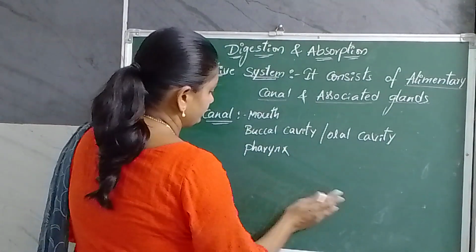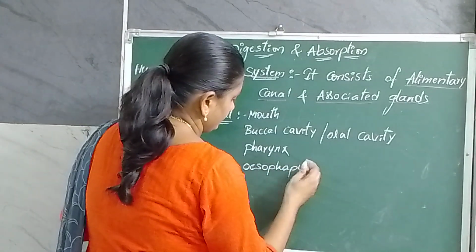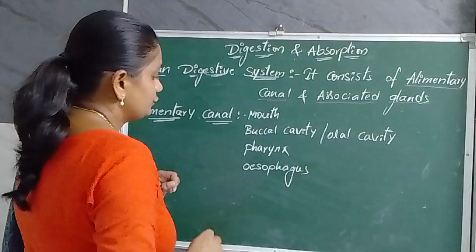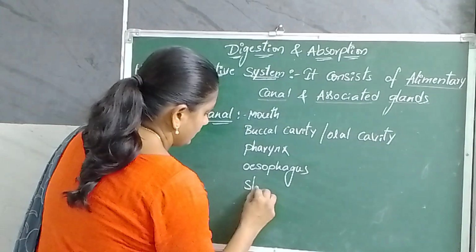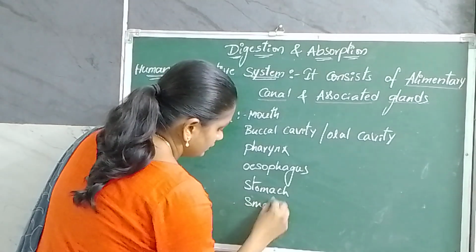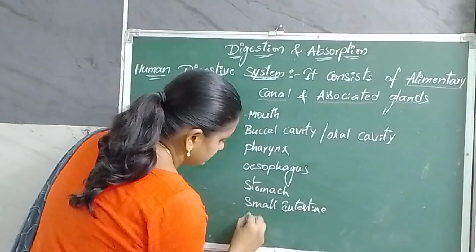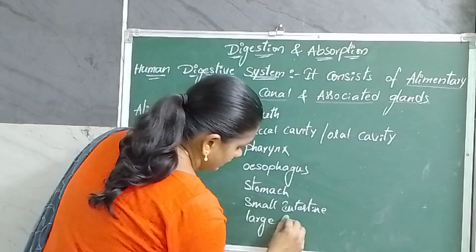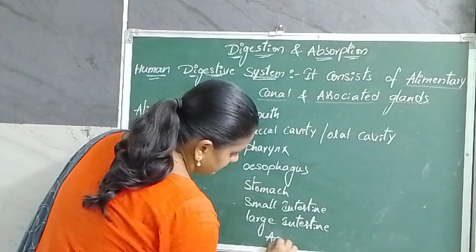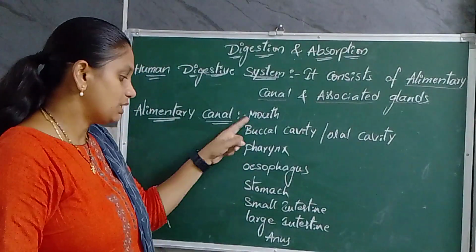Pharynx leads to esophagus. Esophagus leads to stomach. Stomach leads to small intestine. Small intestine leads to large intestine, and this large intestine leads to anus. These are the structures present between mouth and anus.